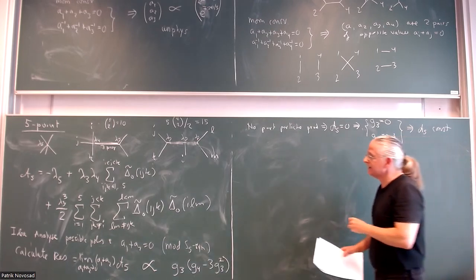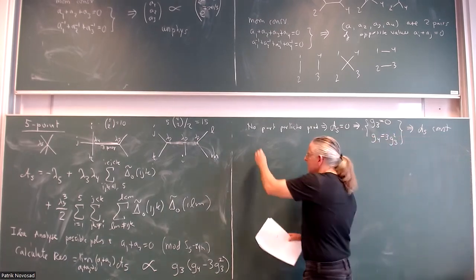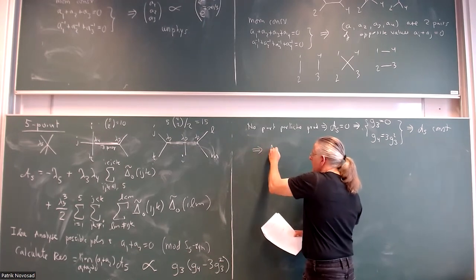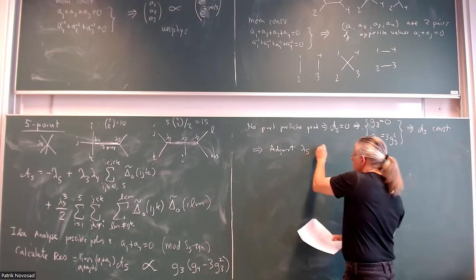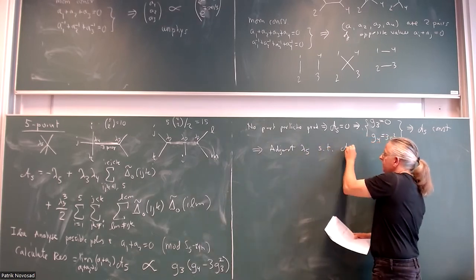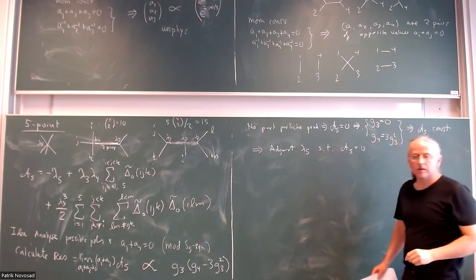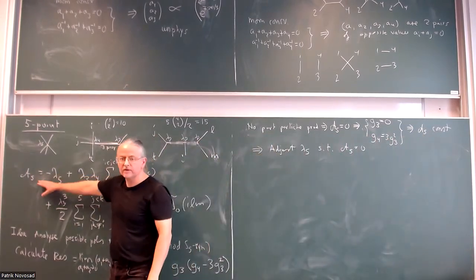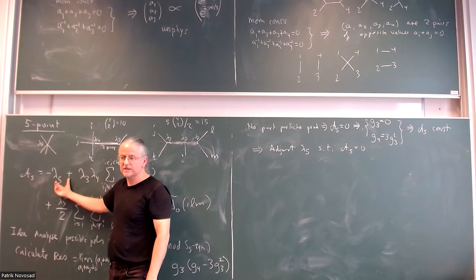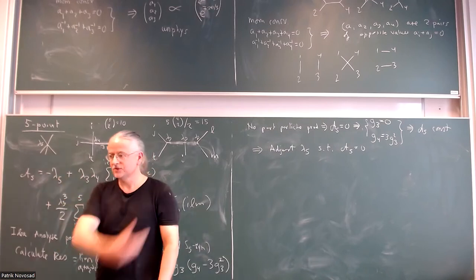And then the trick is now that we can adjust lambda 5 such that A5 is 0. Whatever constant this is, we're just going to change lambda 5 to get rid of that.